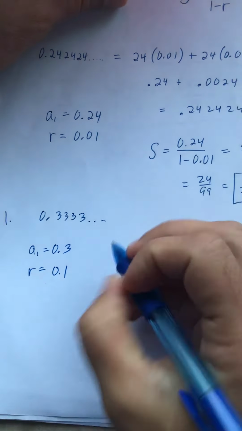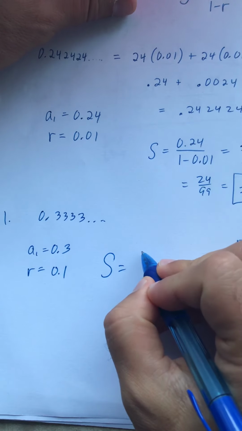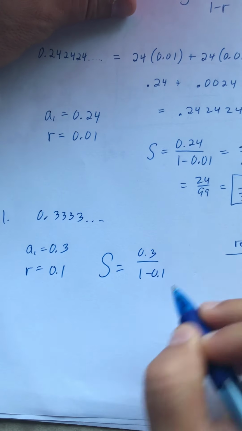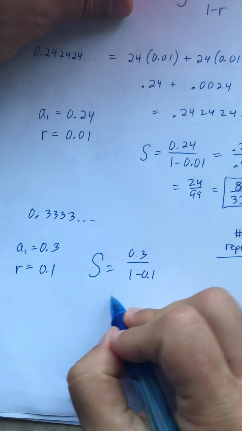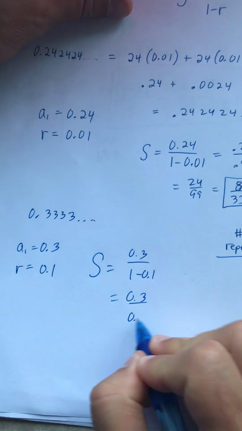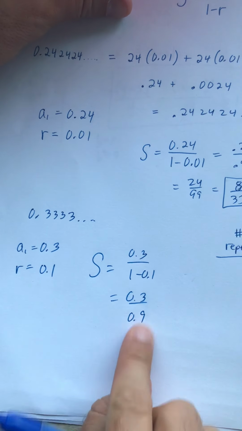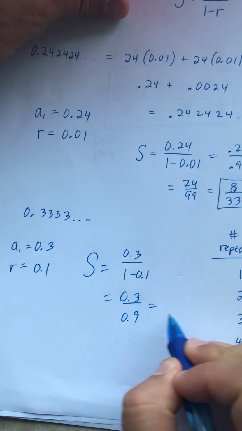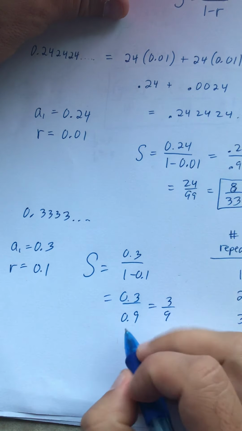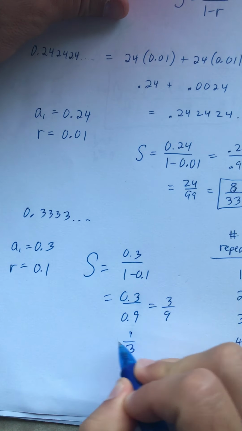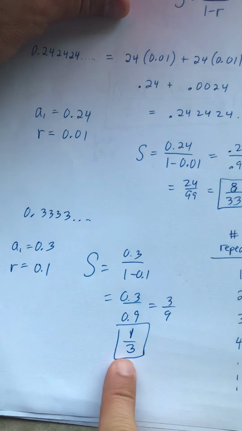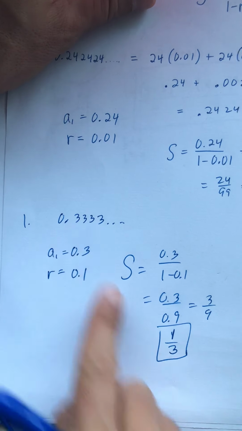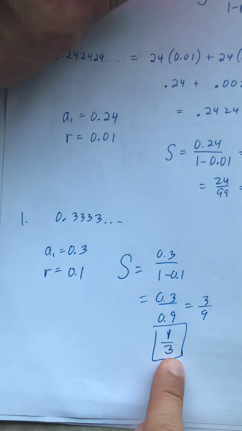Now just plug into the formula. a1, which is 0.3, over 1 minus r, which is 0.1. So that's going to be 0.3 over 0.9. 1 minus 0.1 is 0.9. Move the decimal 1 spot over, that's 3/9. Reduce 3/9, and you get 1/3. So a lot of you probably knew at the beginning that 0.3 repeating is the fraction 1/3.